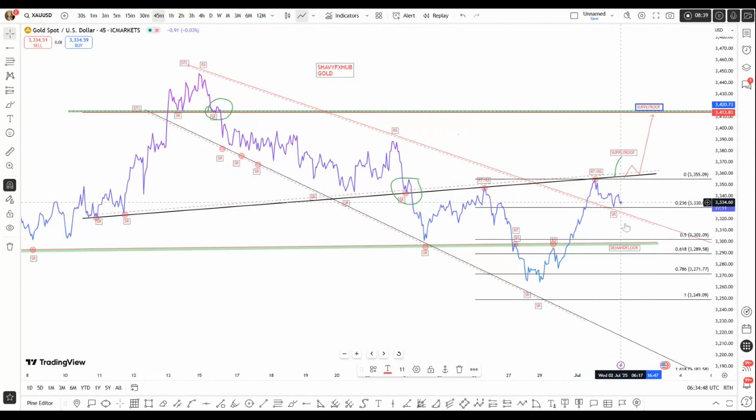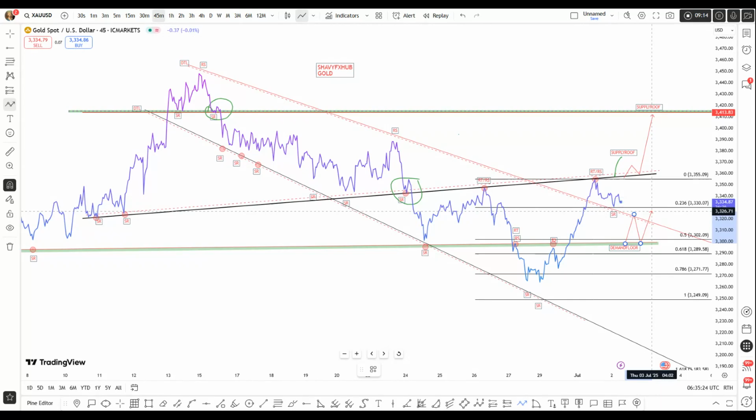So we're going to see how price reacts to this level. But if we break below this 0.2 fib level and we break the descending trend line on 45 minutes, then most likely price will come down here, and a pushback into the zone will not be a good idea because the price might rally up again, and maybe possibly use that momentum, depending on if it's a 4-hour candle we are using.